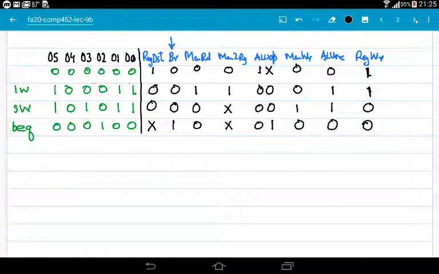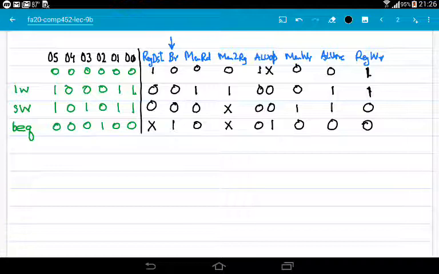Now what I want you to do is study the example on page 270 of the book, or 296 of the PDF. Actually, in my PDF it's 296, but just look for page 270. There's an example on how to implement jump instructions.